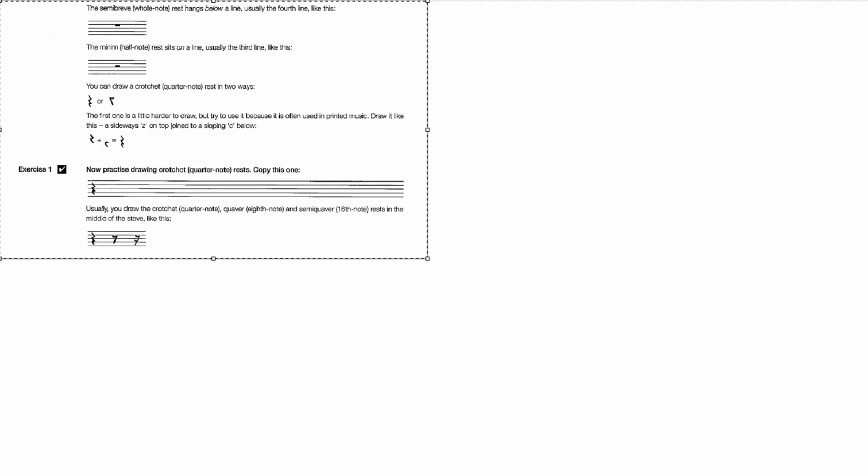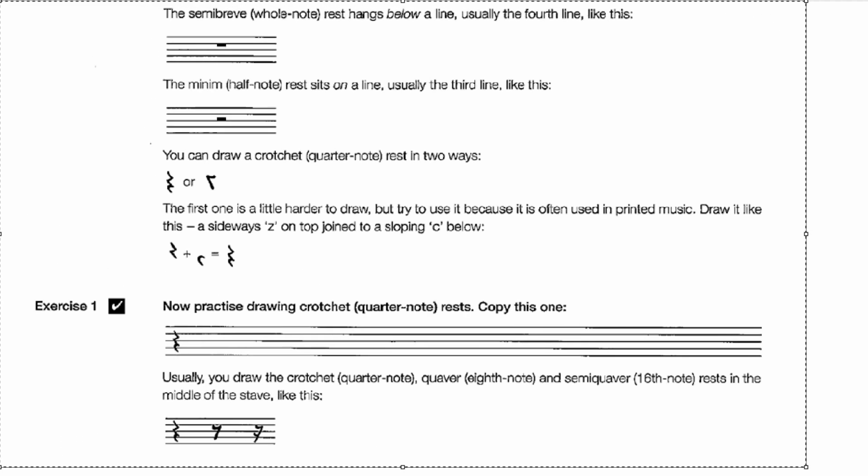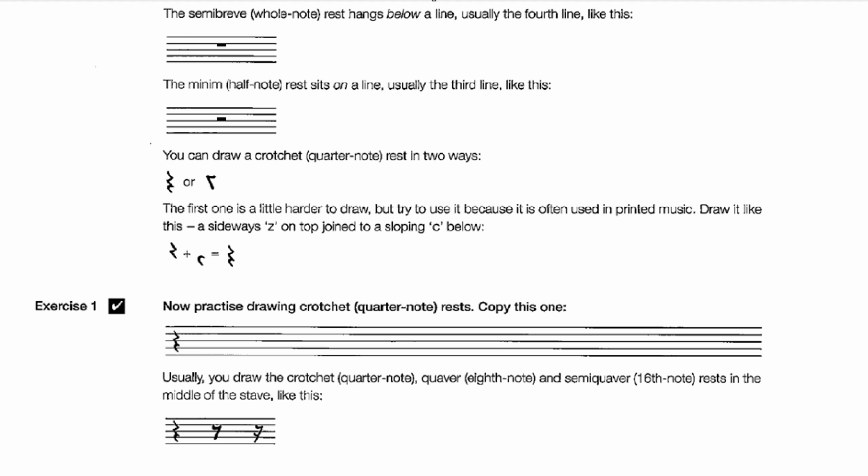So here is a little bit of guidance and an exercise. As you can see, when we draw it on the staff, the semi-breve rest hangs down below the line, and the minim half note rest sits on a line, usually the 3rd line, like so.